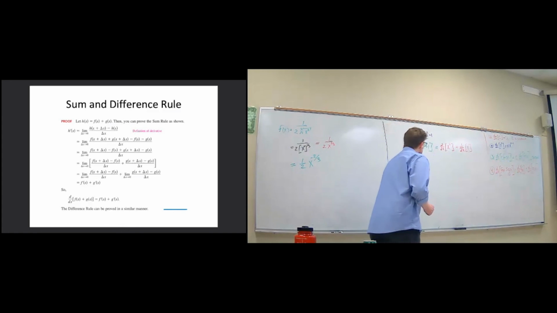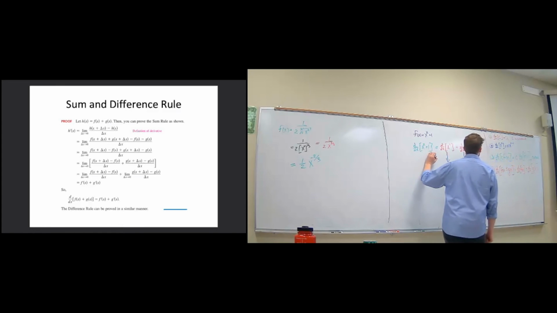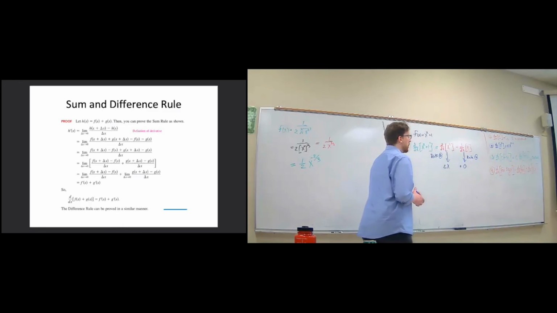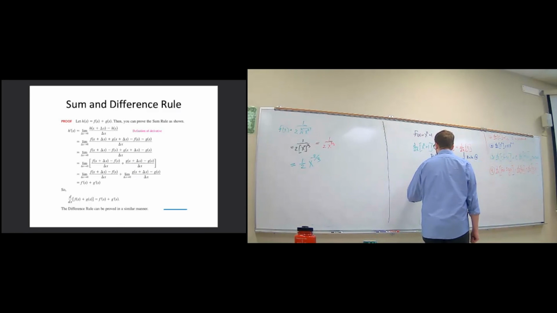Well, this, by rule number 1, is equal to 0. And this, by rule 2, is just going to be equal to 2x. So the derivative of our function is just going to be 2x.